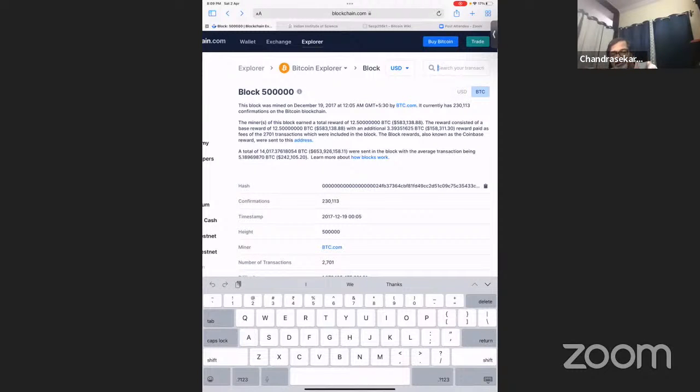So all these things can be done. What is important is how the system knows that this is a transaction that you own and you have the authority to transfer it to somebody.